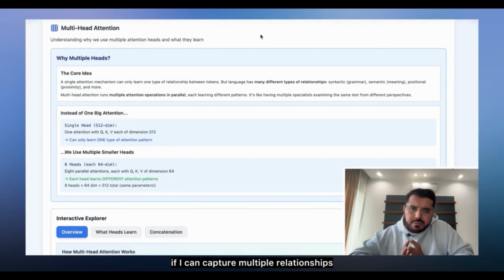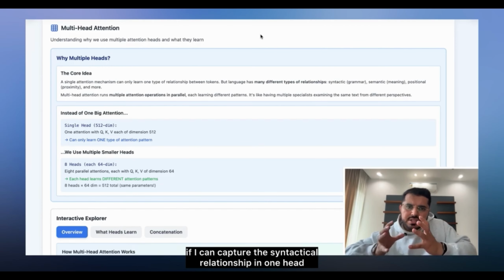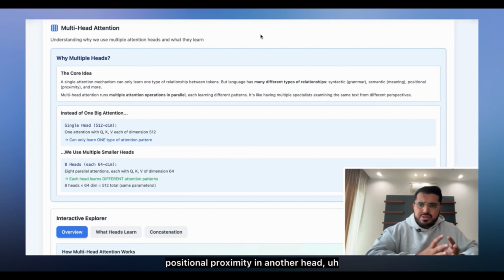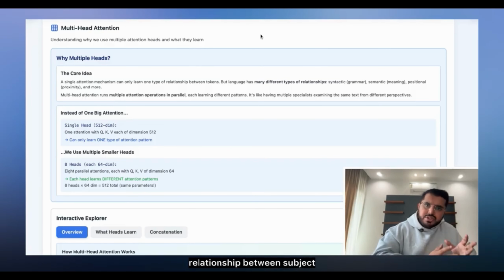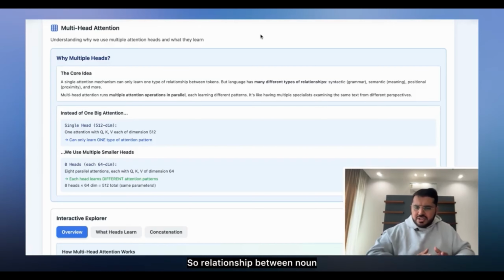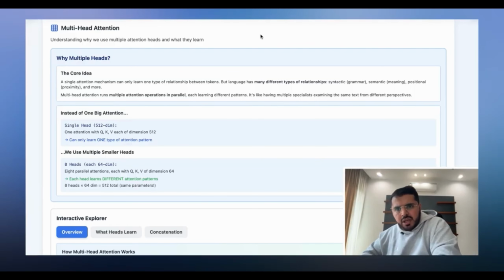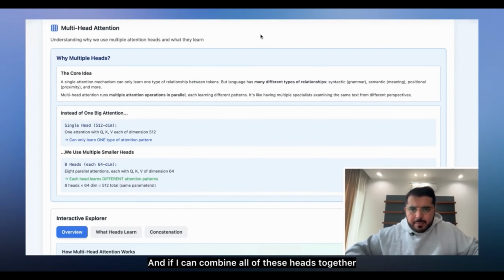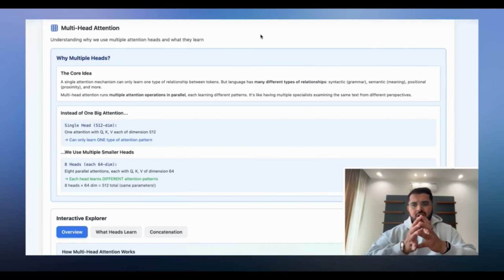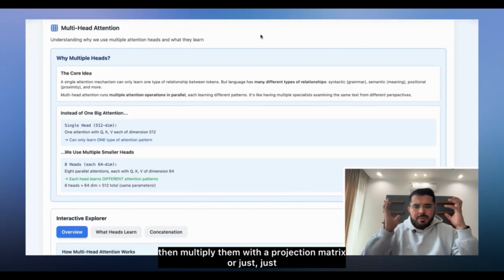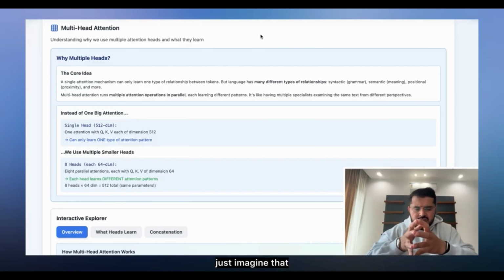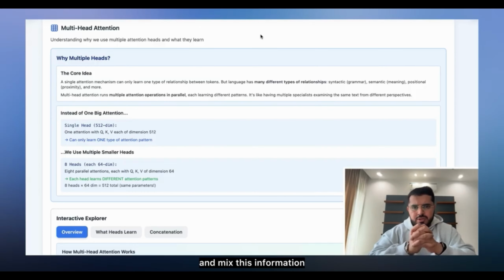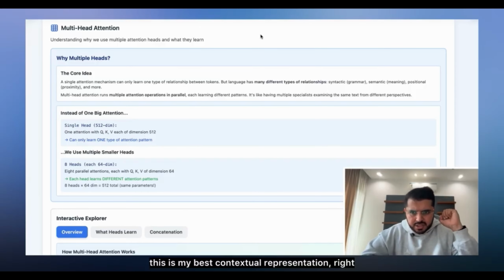If I can capture multiple relationships, the syntactical relationship in one head, the semantical relationship in another head, positional proximity in another head, the relationship between subject and noun in one head, the relationship between noun and a verb in one head, the relationship between noun and an adjective in another head, right? And if I can combine all of these heads together, concatenate them, and then multiply them with a projection matrix to mix this information, this is my best contextual representation, right?